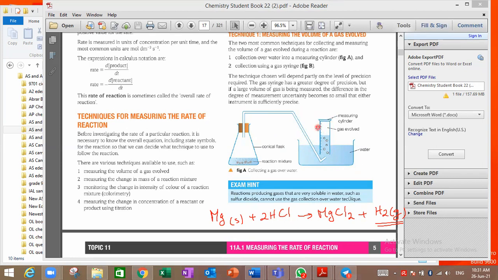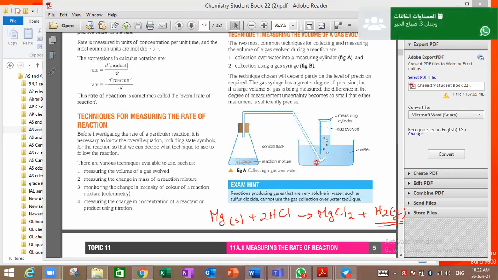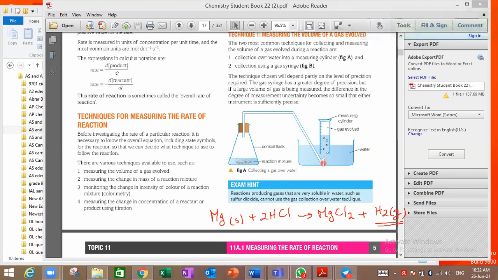Of course, as you see, it's a graduated measuring cylinder in order to measure the volume of the gas produced. Of course, at the beginning, when we place such a measuring cylinder in the trough of water, some of the water will rise up in the measuring cylinder. So we find out the volume of the water here.